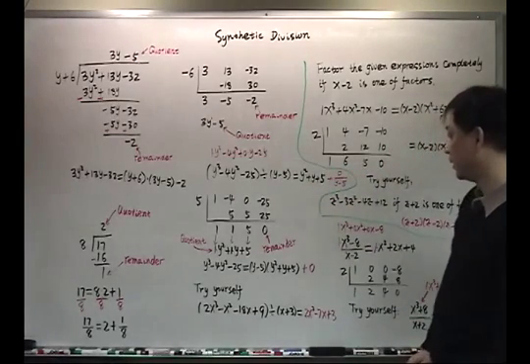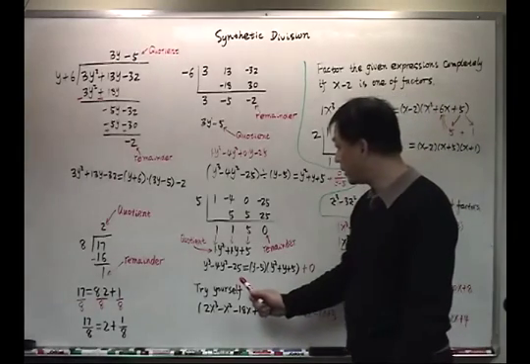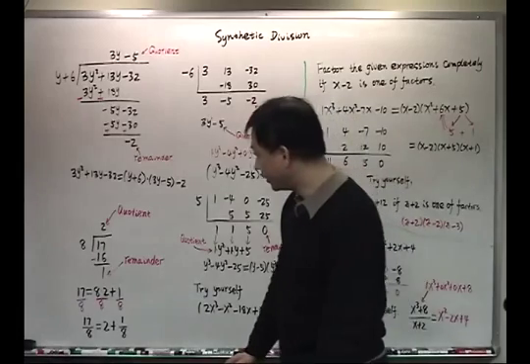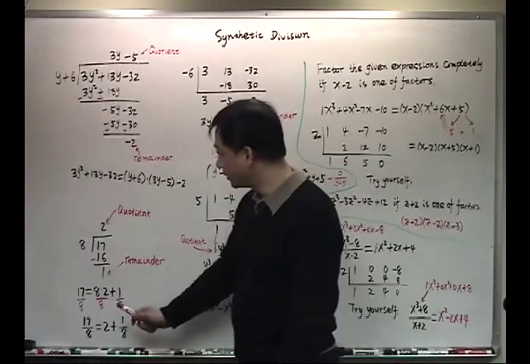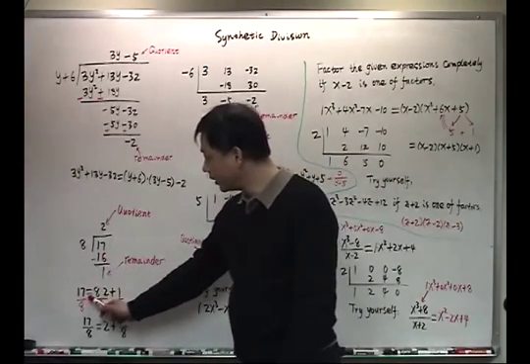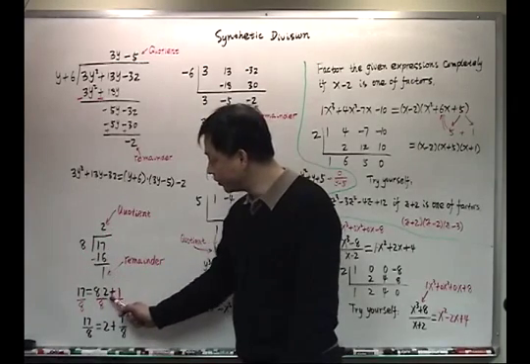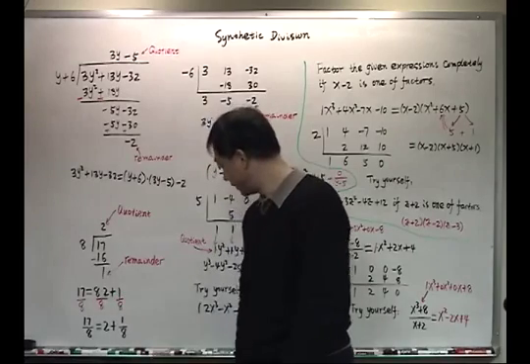Alright. You may also write your final answer in this way. You see, previously we had 17 equals divisor 8 times quotient 2 plus remainder.